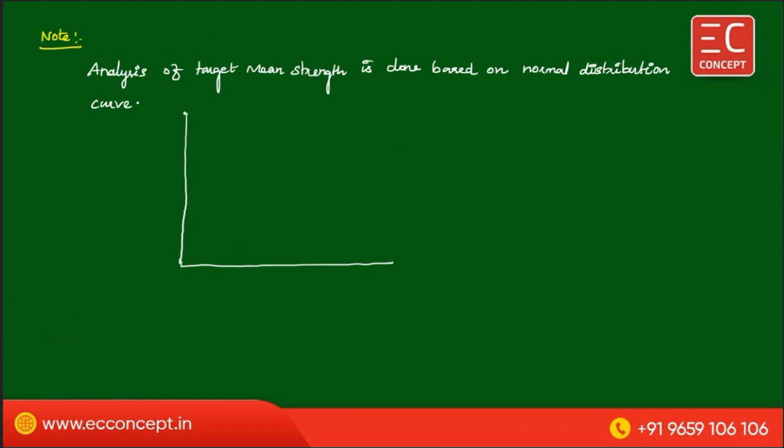This is the normal distribution curve. In that, the center point is the mean. This is one normal distribution curve, and there is another curve we can take, and one more curve.